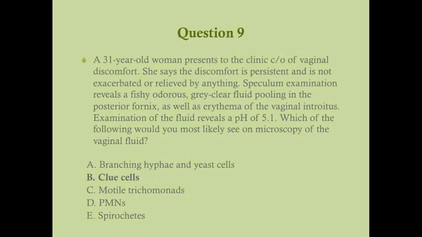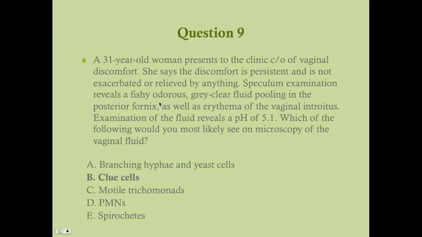So there are 3 things that point to this. First off, the question doesn't note a sexual history, which should be a clue. And then second, the speculum examination reveals a grayish, clearish fluid, which isn't really reliable, but it can be. It's not purulent fluid. And what's really the giveaway here is that it's a fishy smell.